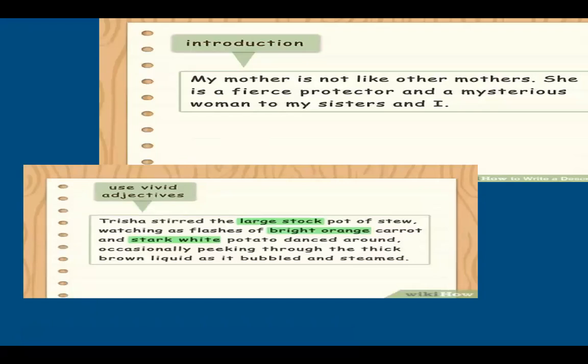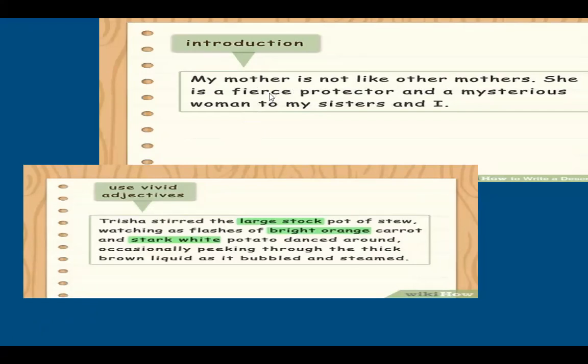Now, look at this. I want you to read this. My mother is not like other mothers. She is a fierce protector. See the kind of adjectives being used. And fierce, we usually use this adjective for fighters, for soldiers, for wrestlers, for fierce fighting. But she's a protector and kind of fierce protector.